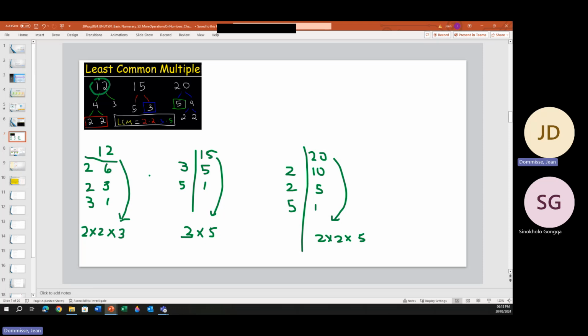So what least common multiple means is that I now need to take into account the least factors that are in all of them. So basically, I look at my number 12 and I see, okay, here's 2 twos.